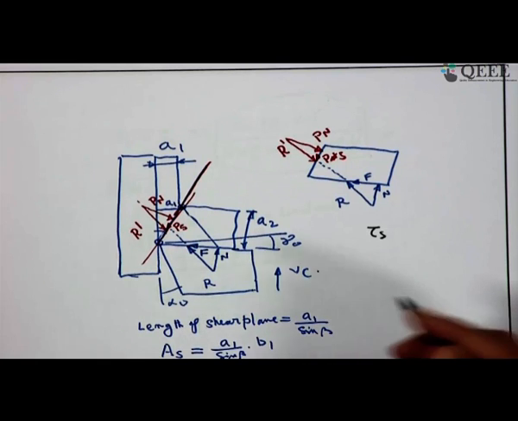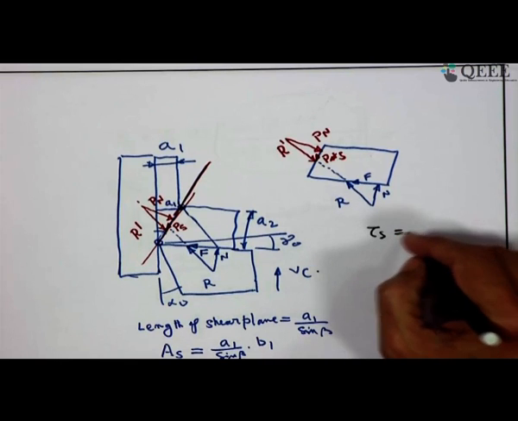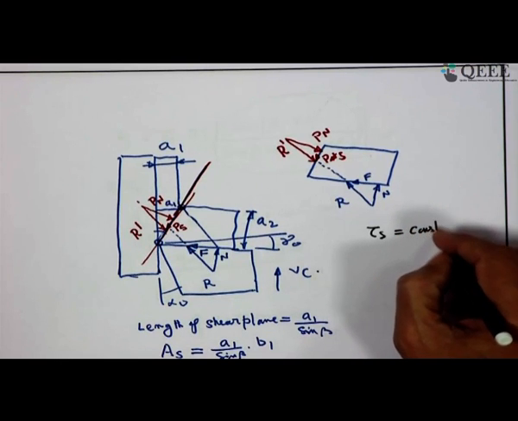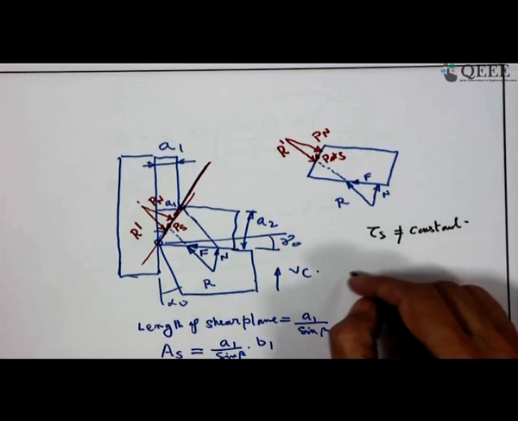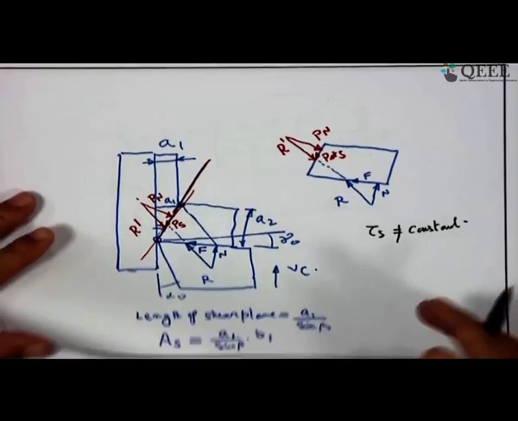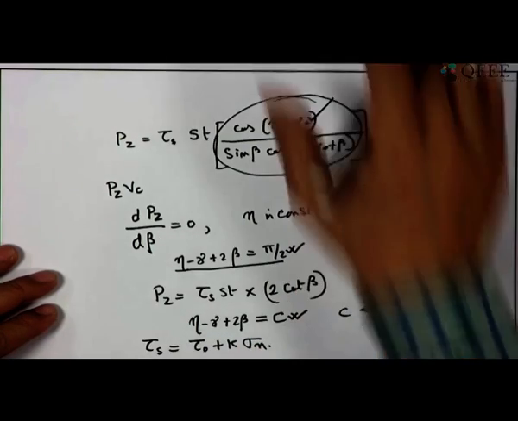So, the ideal model is that tau s should not be a constant. In the second consideration, it is said that tau s can be represented by tau O plus k into sigma n. Now, what is sigma n?